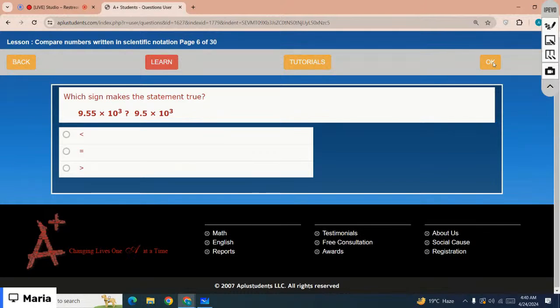Which sign makes the statement true? They both have exactly the same exponents, right?